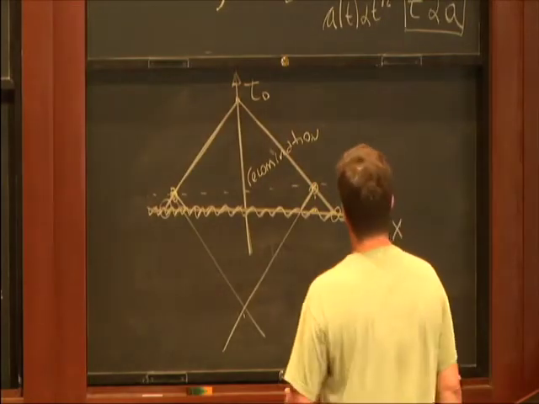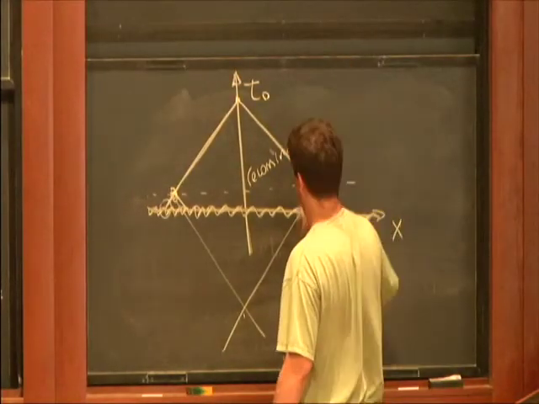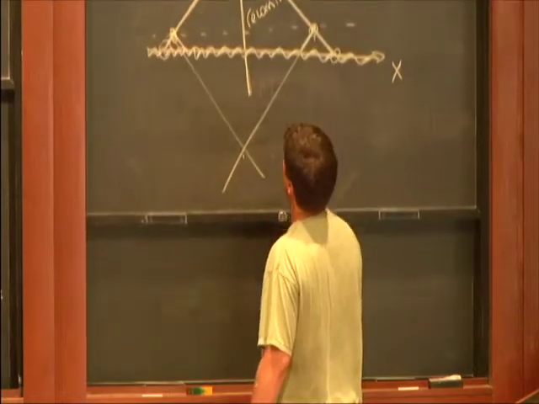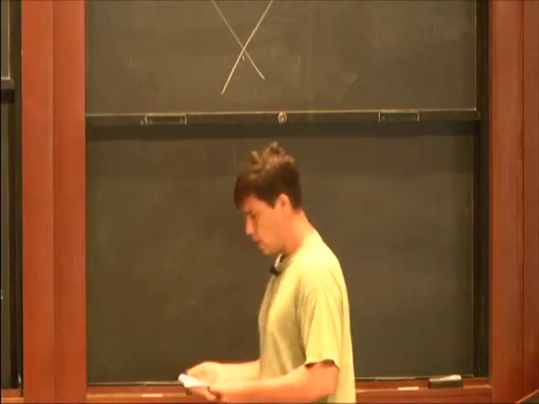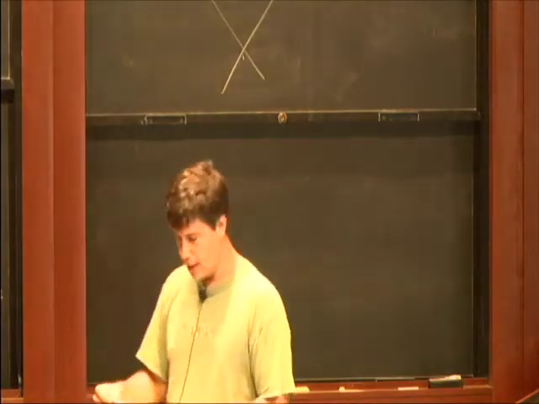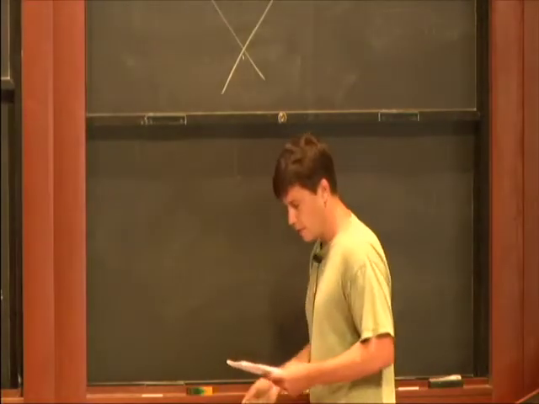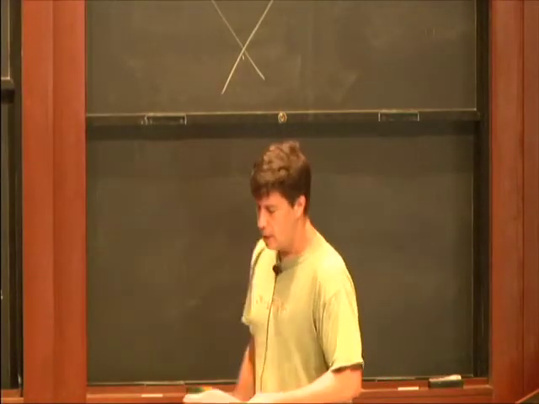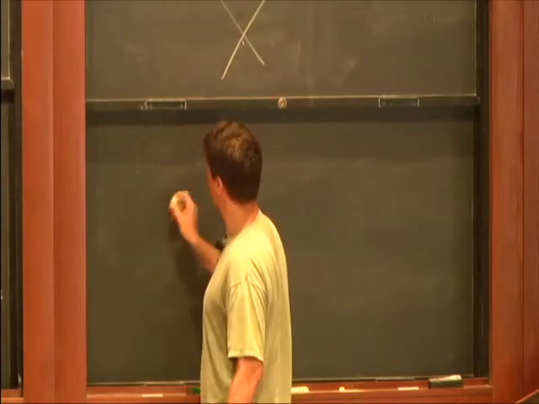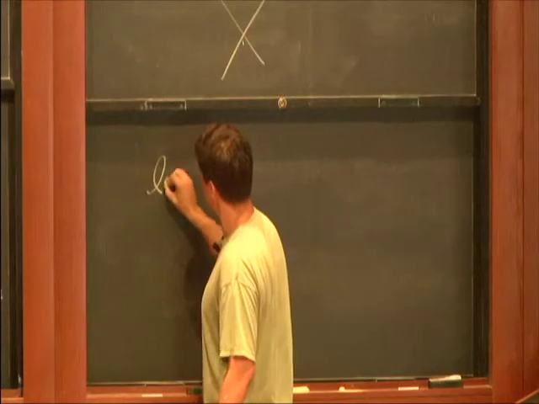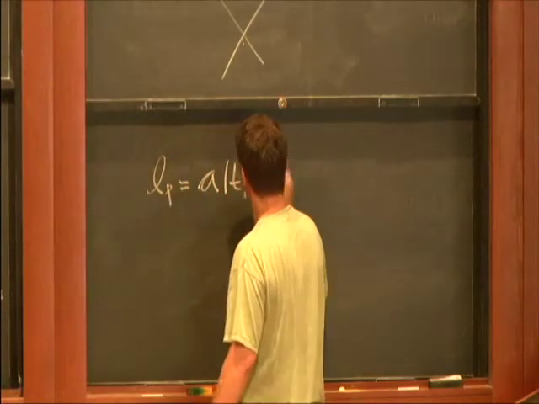So let me just say one more thing about this. Another simple way of stating the same thing is to ask the following question. Imagine two locations in the universe separated by some physical distance, L physical, which is given by the scale factor times their comoving separation.